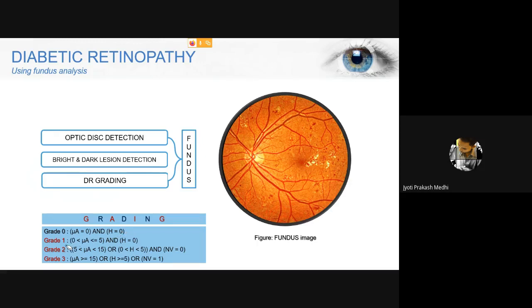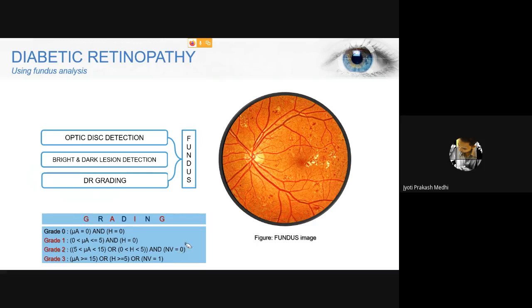Then it is called grade 1 if there are no hemorrhages but microaneurysms are present with a number of 0 to 5. Then it is called grade 2 if microaneurysms appear more than 5 up to 15 and hemorrhages are between 0 to 5 and there is no presence of any neovascularization.